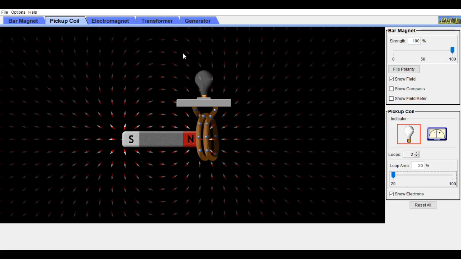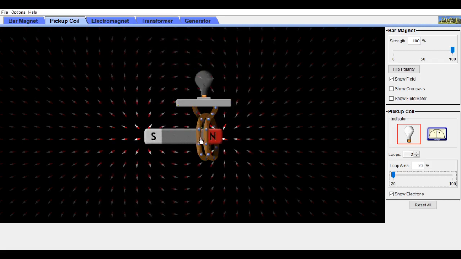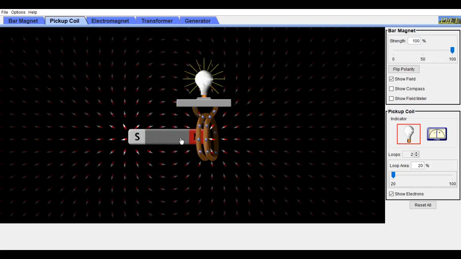It is limited, so there is a lot of flux outside that particular loop of wire that is not entering it. Only the field lines included in that area will enter. As you can see here, we have just 1, 2, 3. So only 3 magnetic field lines can pass through that particular area.